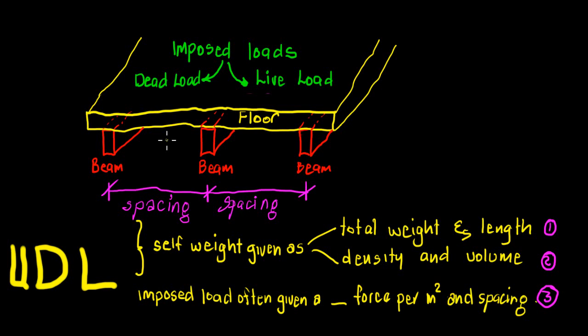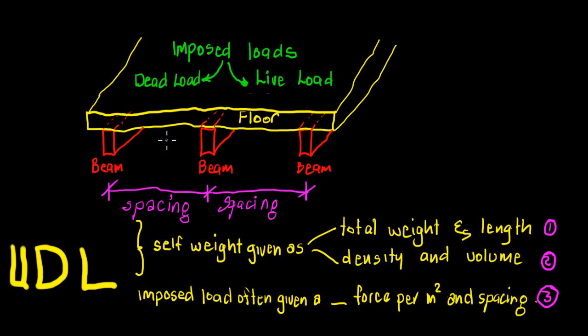From that we're going to work out the self-weight and the UDL associated with that. And then we're going to work out the self-weight given as a density and a volume. Work out the UDL. Now the self-weight is just the weight of the beam itself, that it has a UDL.